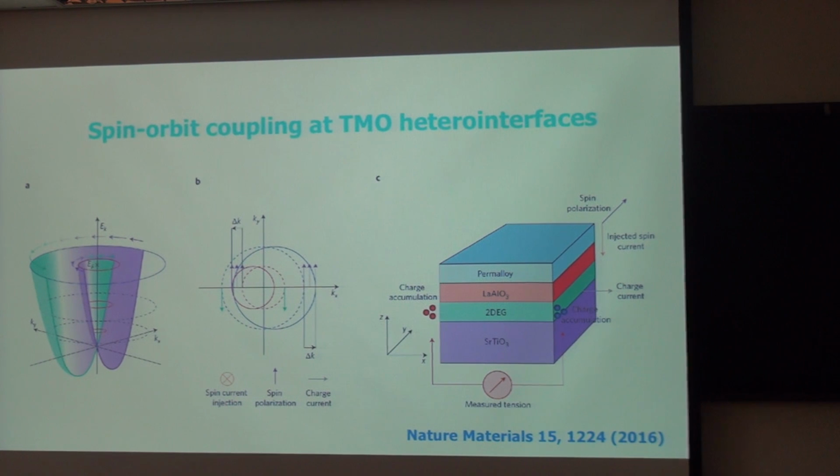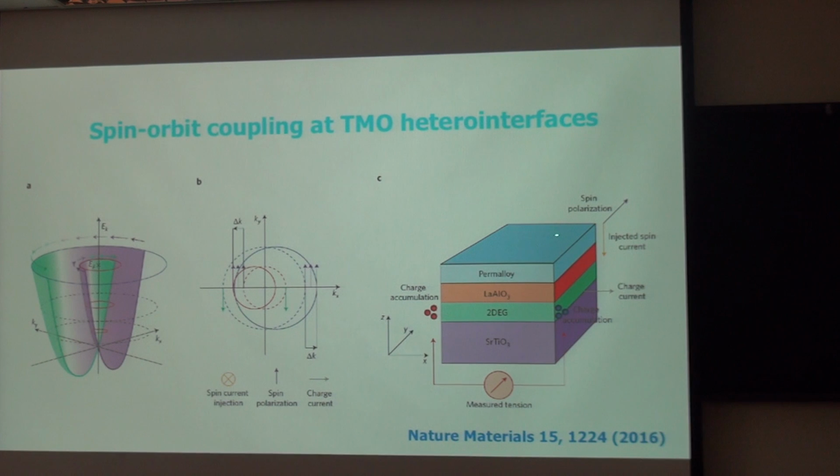Okay. Finally, I will show recent experimental findings in transition metal oxide heterointerfaces. In previous studies of transition metal oxides and their heterointerfaces, people seldom discussed the effect of spin orbit coupling. The reason I am visiting here this time is to learn spin orbit physics with Professor Guo.